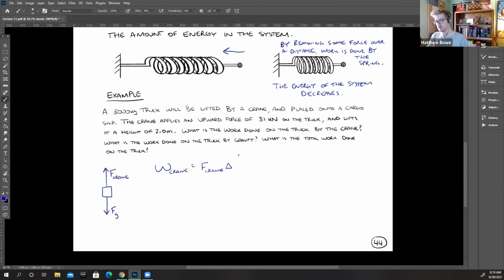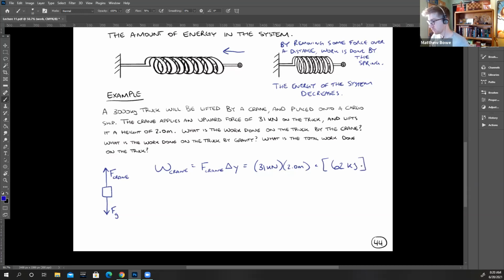This is specifically how high up it is raising it, so delta Y. In this case, it's simple. We got all of the values for this already: 31 kilonewtons and 2.0 meters. Turns out we get 62 kilojoules as the result.